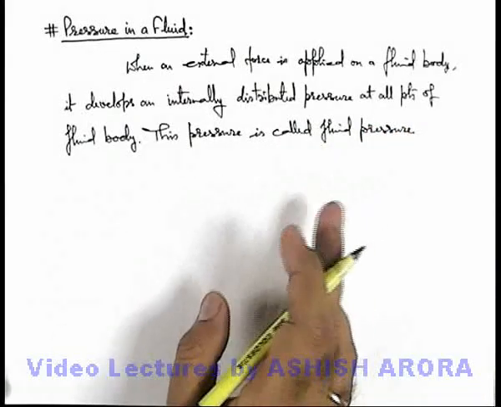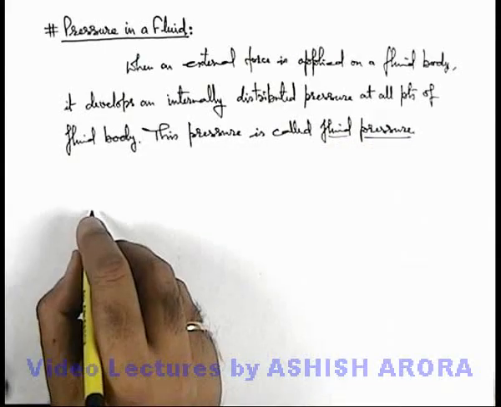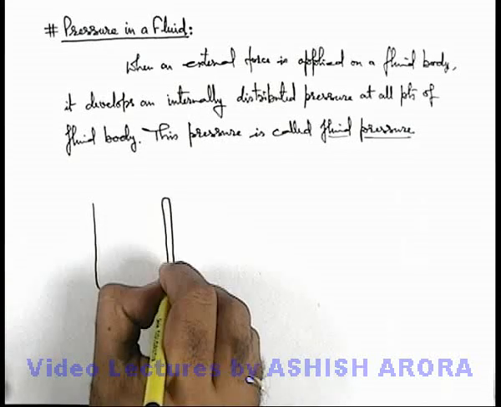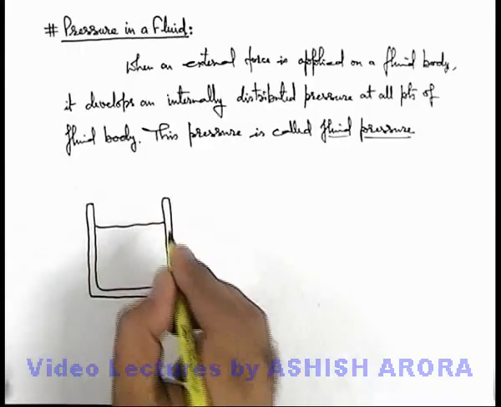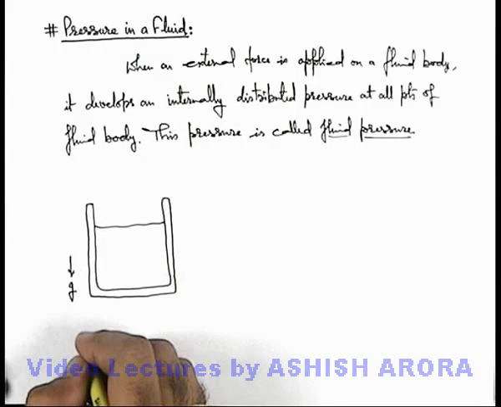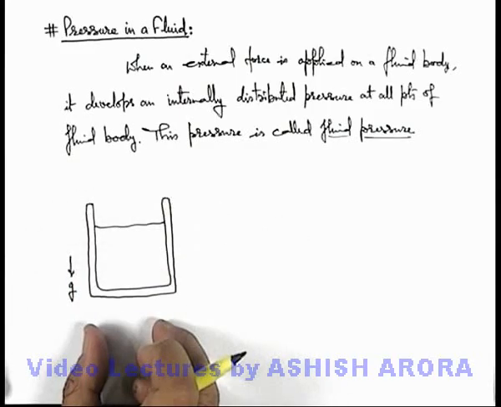The best way to understand this fluid pressure is to take up an example of a liquid taken in a container. Say we are given a container in which a liquid is taken, and say gravity is acting in a downward direction. So due to gravity, the weight of this liquid body is acting downward.